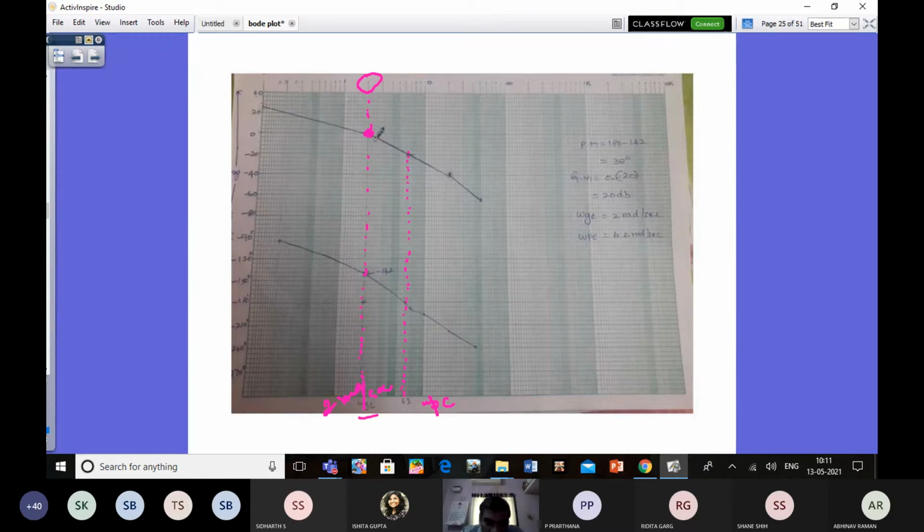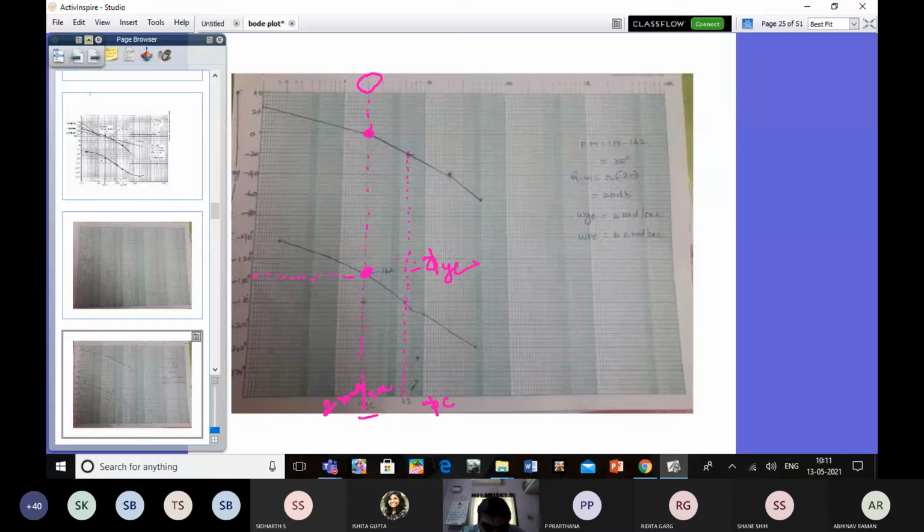Now if you extend the gain crossover frequency, it will intersect one point in the phase angle plot. You can extend that line and see where it is intersecting, that value is phi GC. Approximately it is minus 142 degree. This is called phi GC.